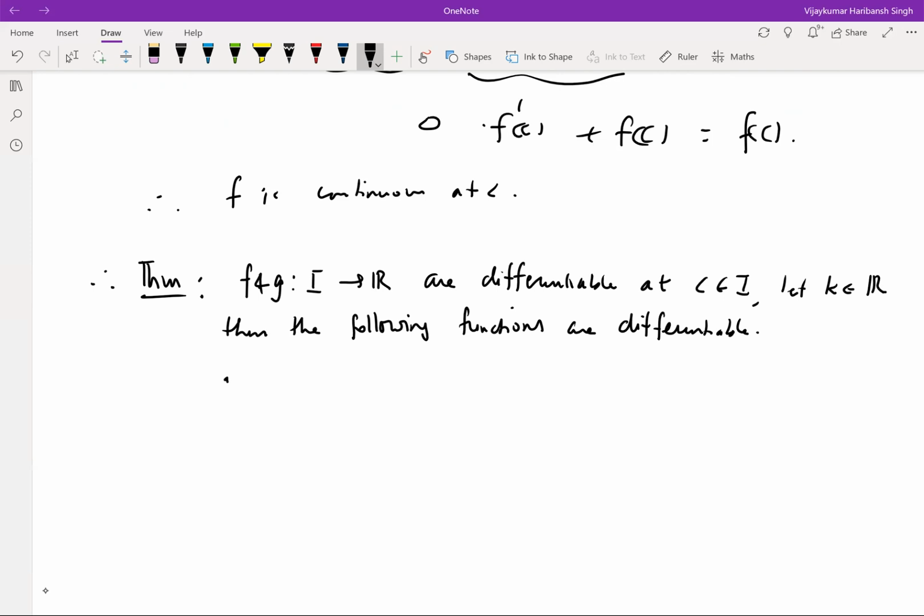What are the functions which are differentiable? k f, f plus g, f by g, and f minus g, of course. So these functions are differentiable. You can also think about a vector space of differentiable functions, and about linear operators there, and so on and so forth.